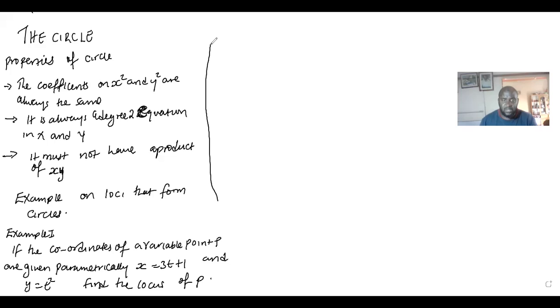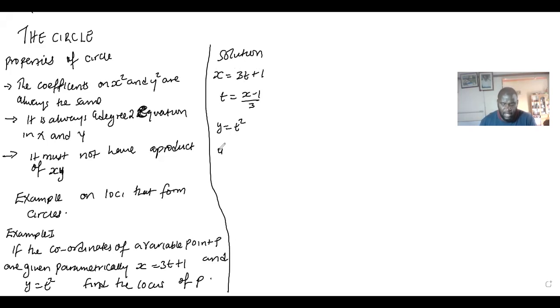Okay, so according to this question, the solution can be of this form. We have given x is equal to 3t plus 1. So t is equal to x minus 1 over 3. But we have also seen that y is equal to t squared.